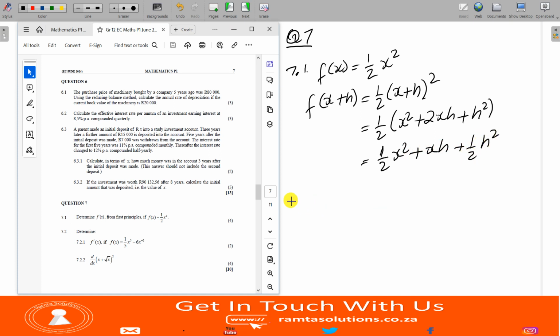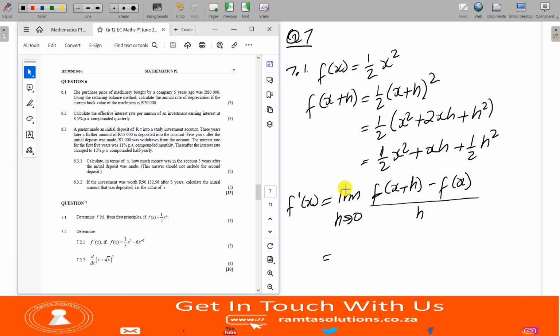Now we can find our f prime of x. f prime of x is the limit as h tends to 0 of f of x plus h minus f of x all over h.